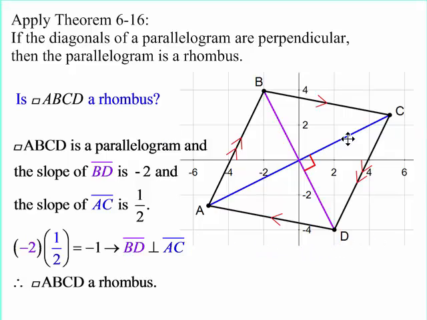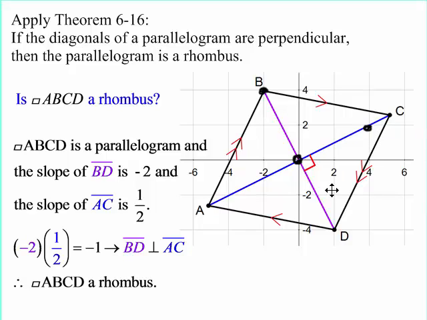In this image here, we have a parallelogram, and we're going to apply Theorem 6-16, where if the diagonals of a parallelogram are perpendicular, then the parallelogram is a rhombus. So look at the slope. You start here at B, and you're going down 2 spaces. Each space represents 2 units. So you got 2, 4, and over 2. BD has a slope of -2. And if you look at this blue diagonal here, you're going over 2 spaces, really 4 units, but you're going over 1, 2, and up 1.